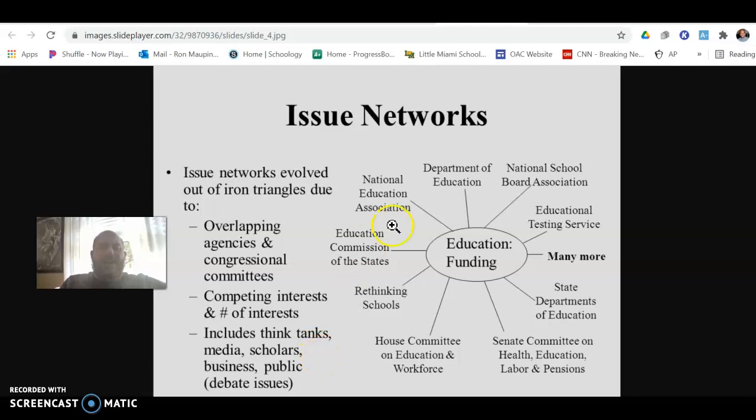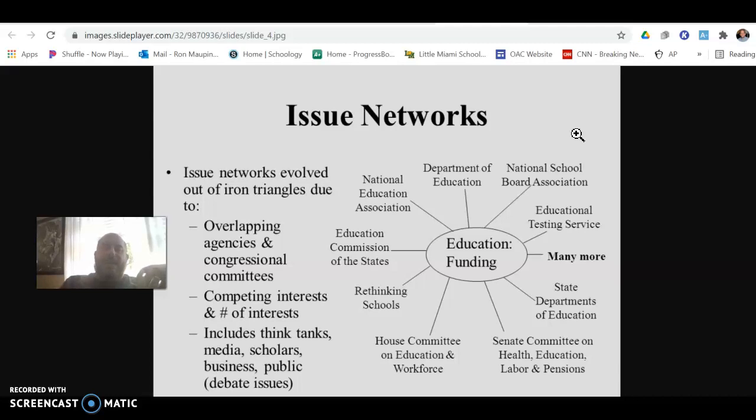As it's defined here, issue networks go beyond congressional committees, they go beyond interest groups, they go beyond bureaucratic agencies, but they also bring in, for example, aspects of the media.